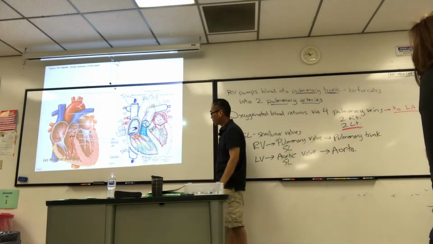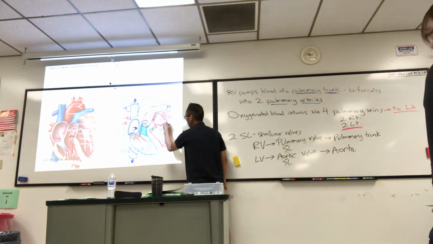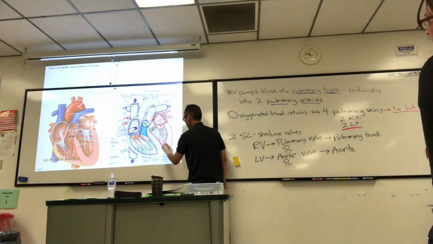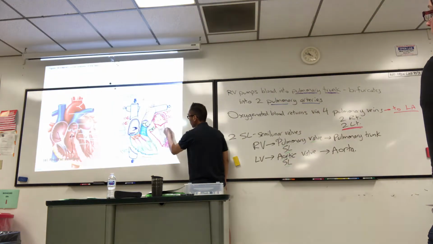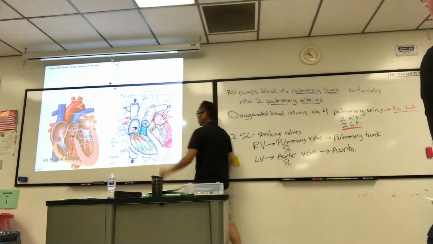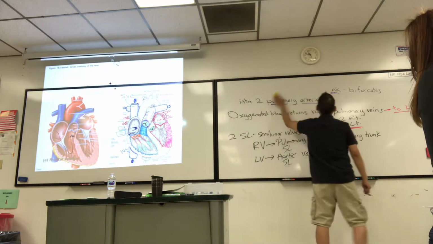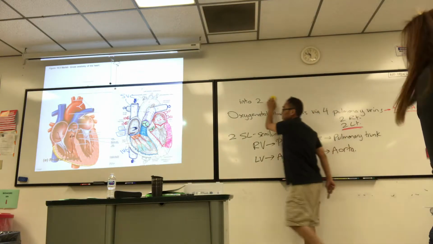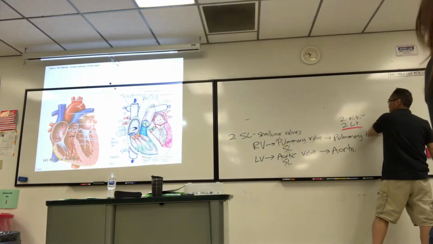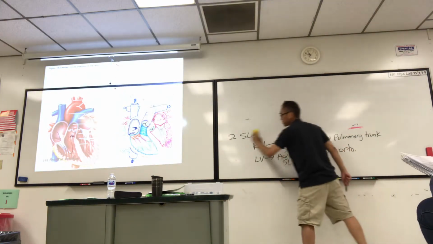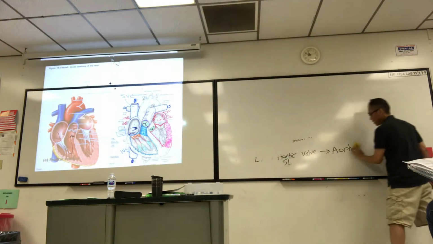Look how thick the ventricular wall is for the LV. It's super thick. I'll color it in solid red up the side of the wall here. And compare that thickness to how much thinner the wall of the RV is.